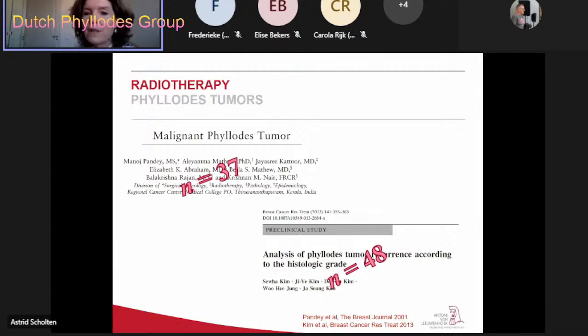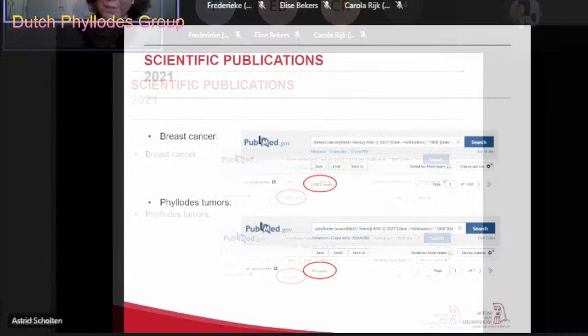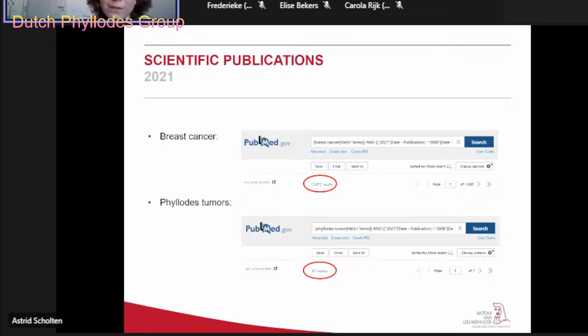I just checked the publications last year: 21 scientific publications, and you can see that for breast cancer there were over 12,000, for Phyllodes tumors only 61. So there's a lot to be done. Of course, it's also due to the rarity of the disease, but the amount of publications about the subject is really limited.